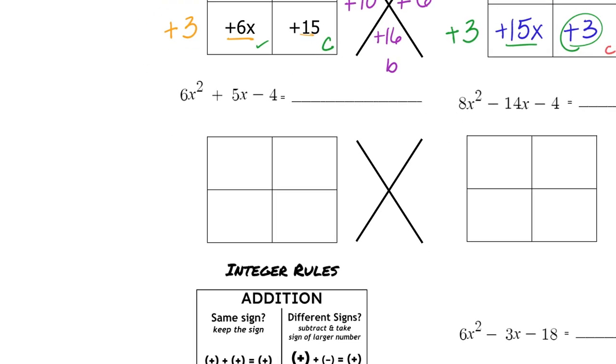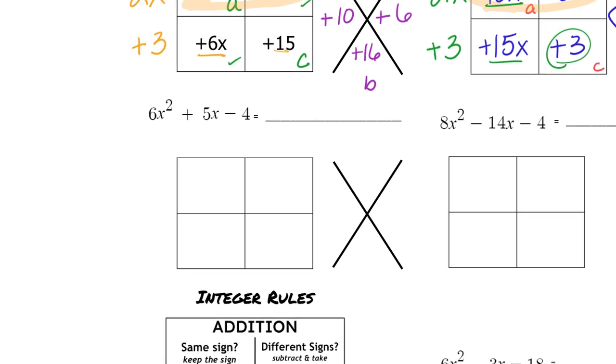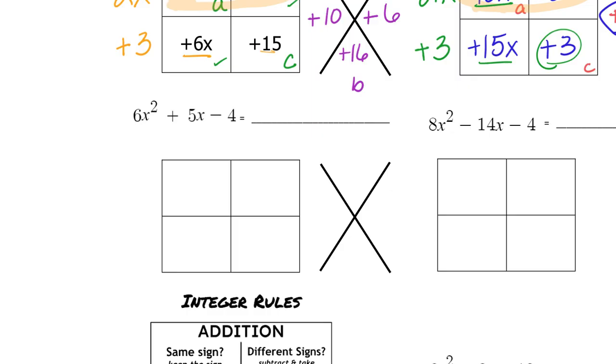Let's continue. Now I see a negative, so this is going to change things a little bit. I'm going to start by multiplying a times c. So 6 times negative 4 would be negative 24. And then, of course, down below, I need a sum of positive 5. Because I have a negative product, that means I'm going to have one of each sign.